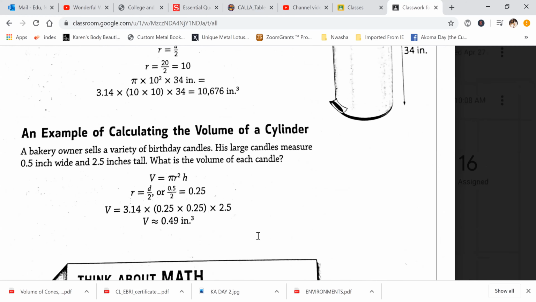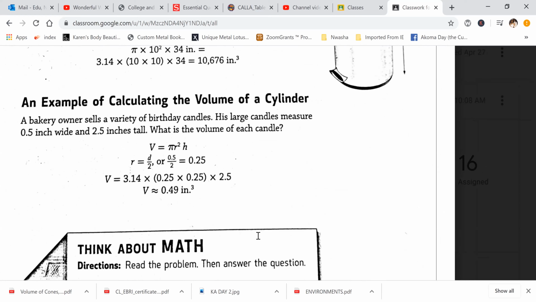Now it's saying birthday candles is the new cylinder. A bakery owner sells a variety of birthday candles. His large candles measure 0.5 inches wide and 2.5 inches tall. What is the volume of each candle? So now you have the same formula, and you have how wide the candle is, 0.5.